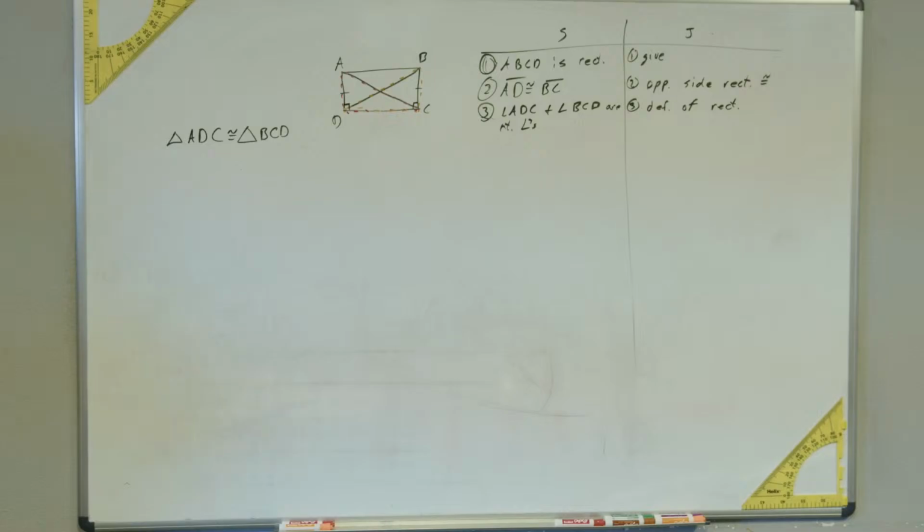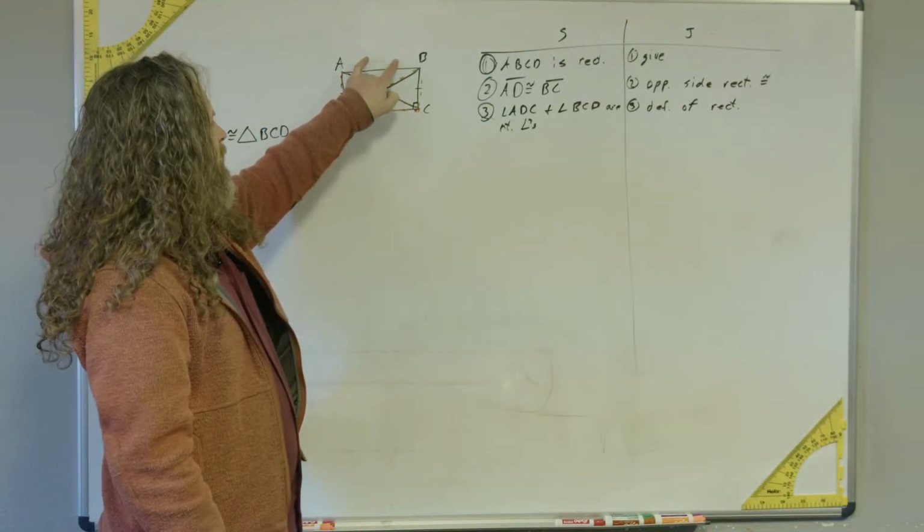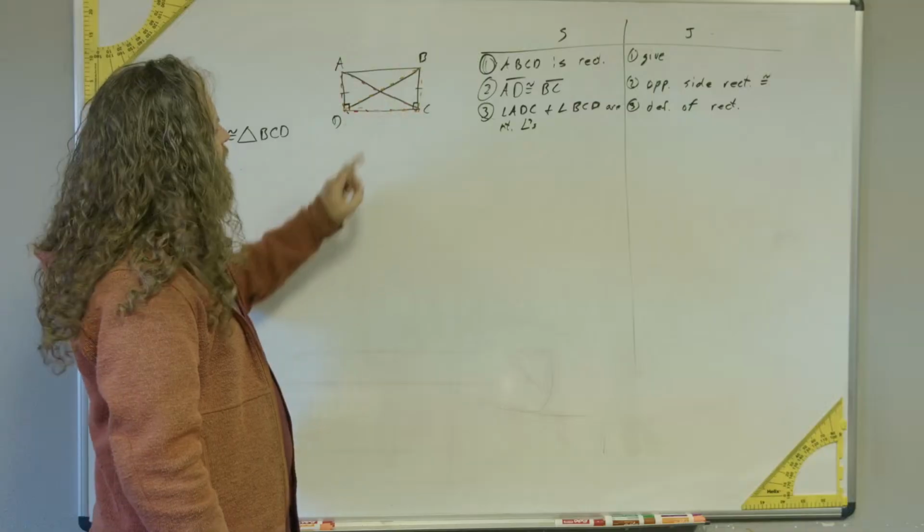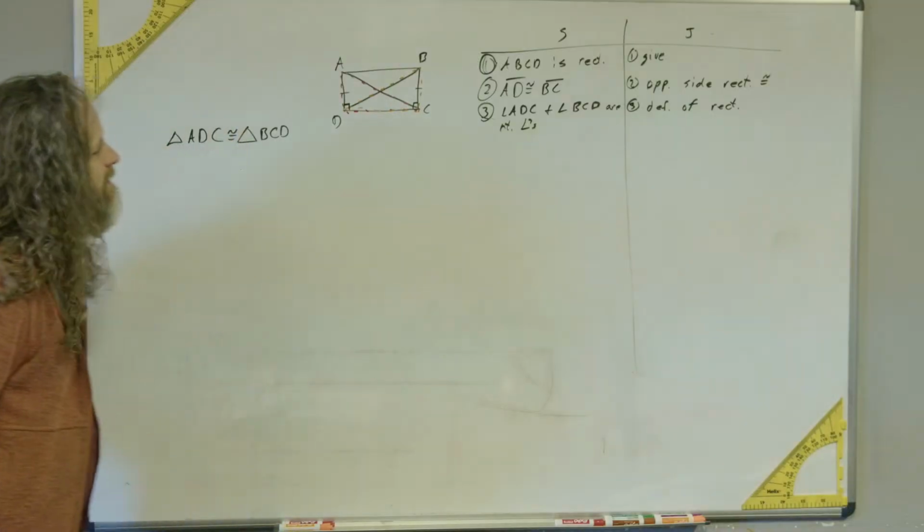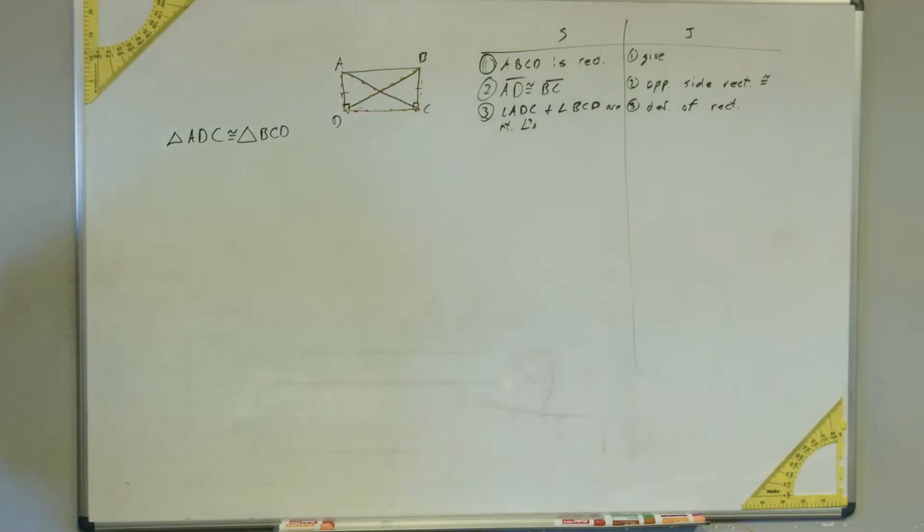AB, it is. However, AB is in a totally different triangle. So we could say it, but I don't know if it's going to help us. Do our triangles share anything?